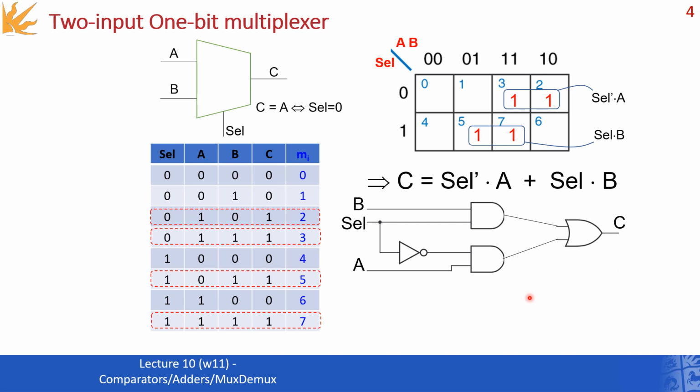So a 2-input 1-bit multiplexer is as easy to define as this. The process that we followed to define it went through the truth table here, finding the min terms that we are interested in, putting them in the Karnaugh map, finding the minimized function, and then converting it into a circuit.